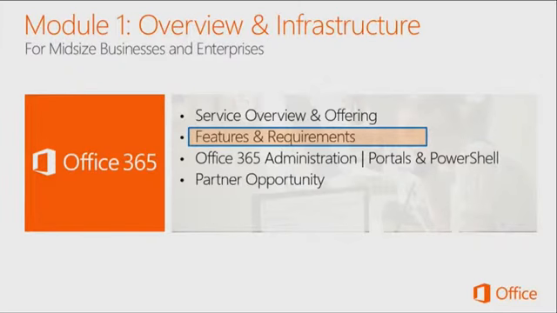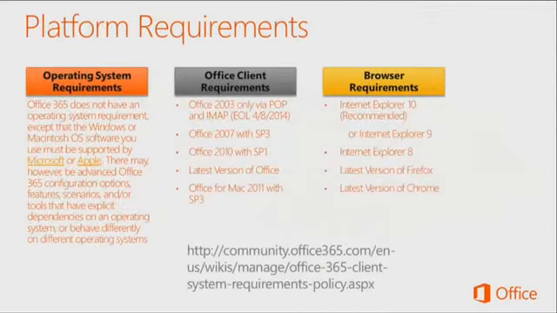Moving right on: features and requirements, what's required to run. Microsoft has changed this. Again, some of these screens you may have seen last time; the screen was very familiar from our jumpstart we did last fall. But the operating system requirement, Microsoft changed this year. Office 365 does not have an operating system requirement, except that the Windows or Macintosh OS that you use must be supported by Microsoft or Apple.